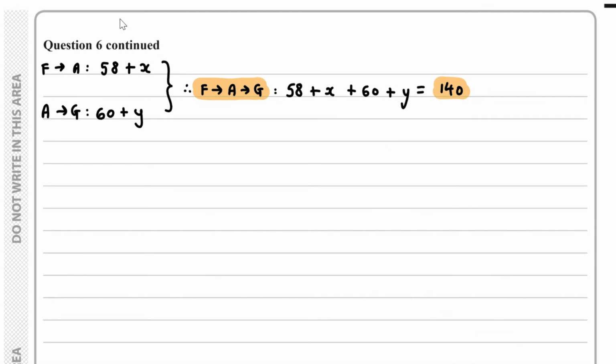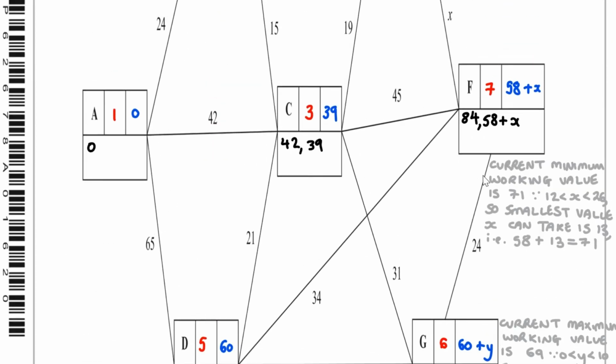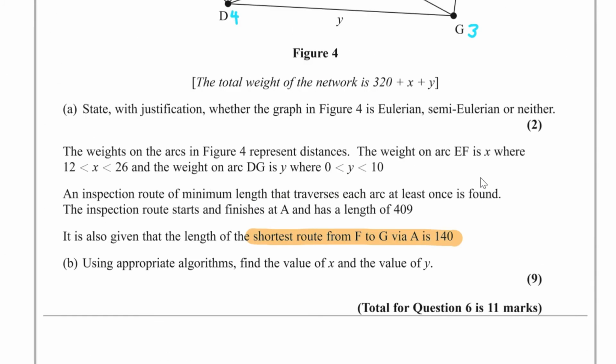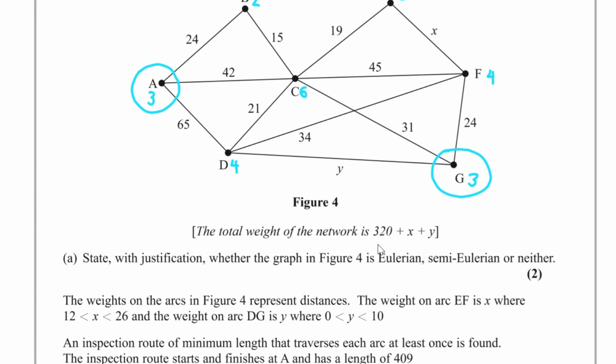So with the route inspection method, the odd vertices are A and G. And that is what we established over here. We found that A and G are the only vertices which are odd. And the total weight is 320 plus x plus y.